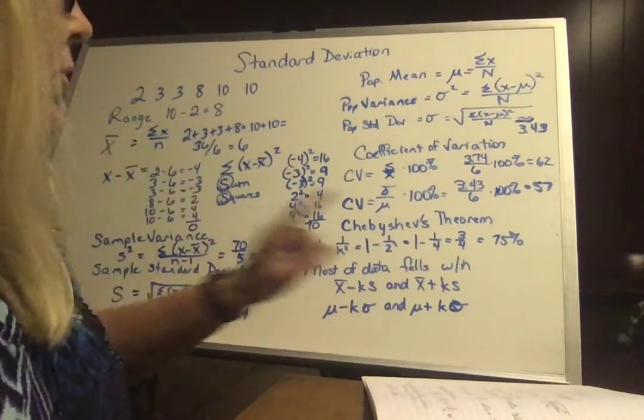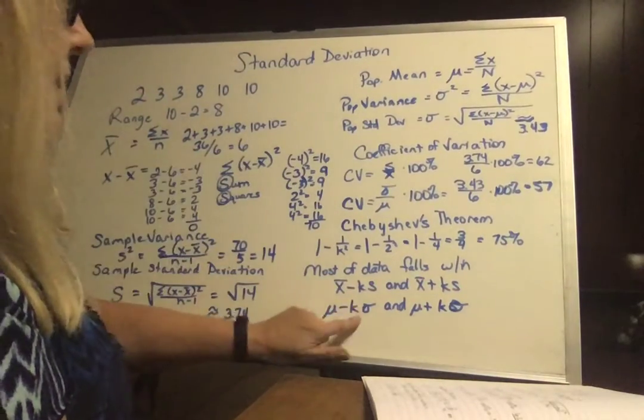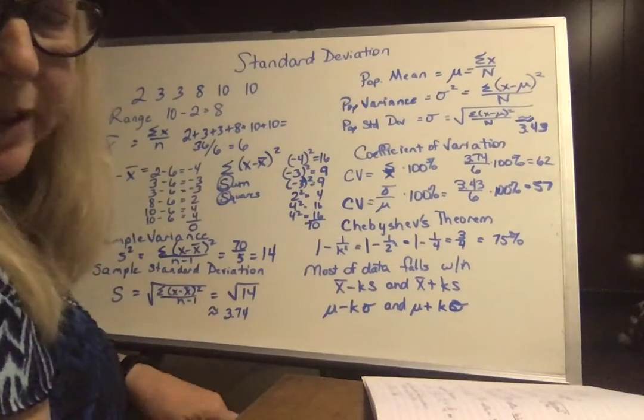Standard deviation for a list, standard deviation for the whole population.